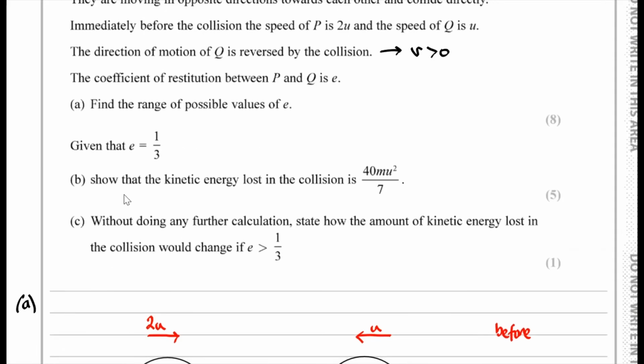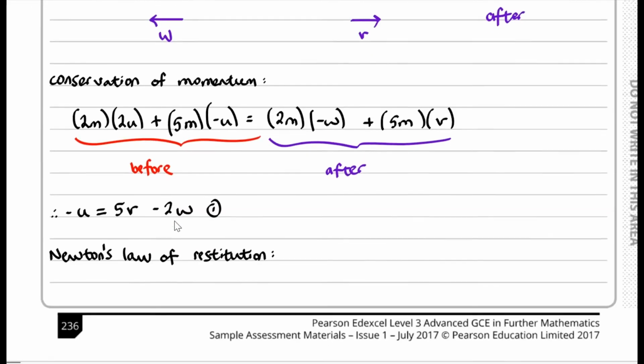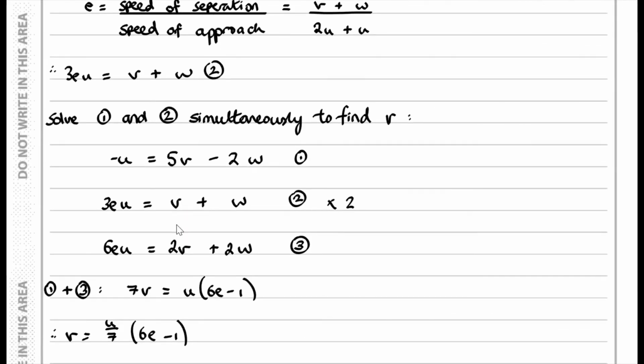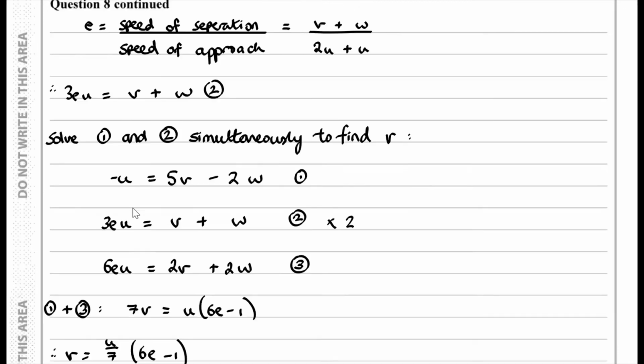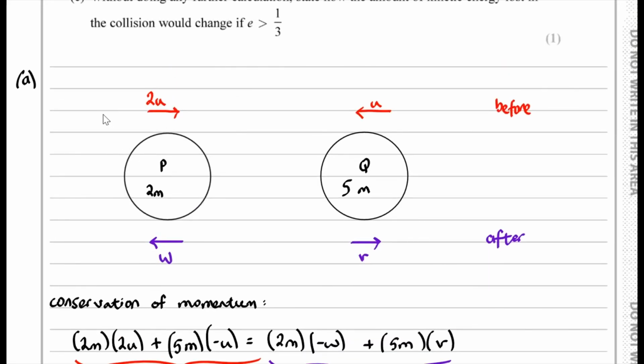And now for part B, we have to show that the kinetic energy lost in the collision is 40 mu squared over 7. Now that we know that E is equal to 1/3, we can use this to find out what V is, and also what W is. We know the speeds before, so we can find the kinetic energy before, and if we know V and W in terms of u, then we can find the kinetic energy lost.